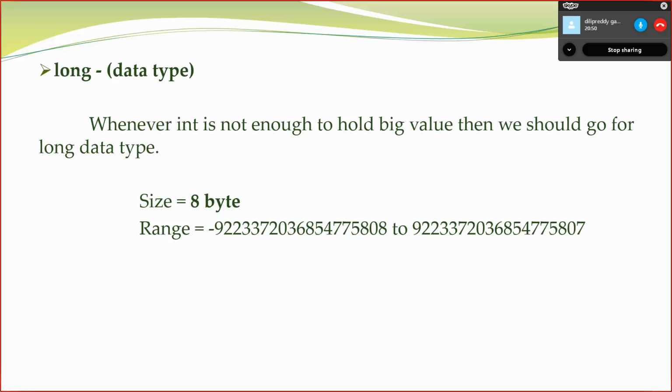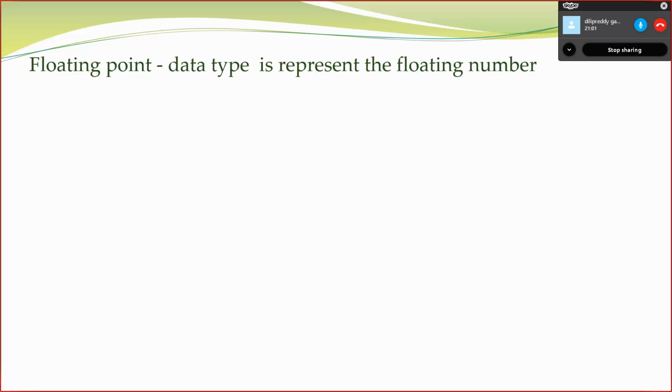Then we have another type of numeric data types, that is called floating point. That is representing a floating number, meaning we have some decimal point. The first data type is the float data type.